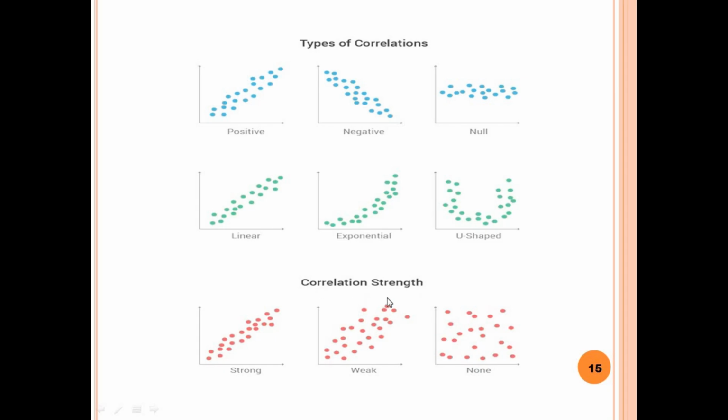Here this looks linear, that's why this is called strong correlation. And here this is called weak correlation. And here there is nothing, none, that means no correlation. So these all are the diagrams with the help of the scatter diagram method.